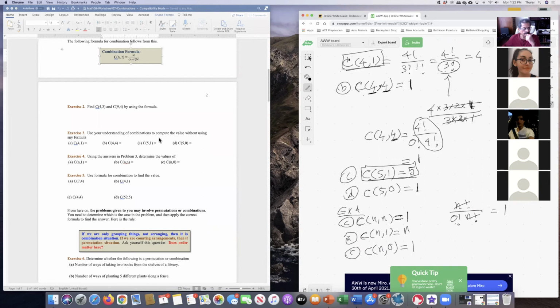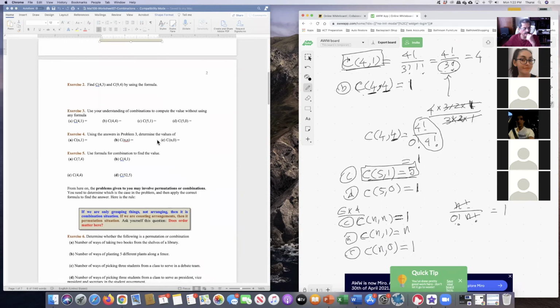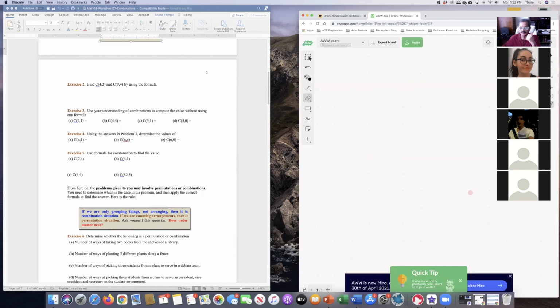Okay, going on to exercise 5, C(7,4). Can somebody tell me what the numbers will be? No, we're doing C(7,4). So the numerator is not going to be 4 factorial.